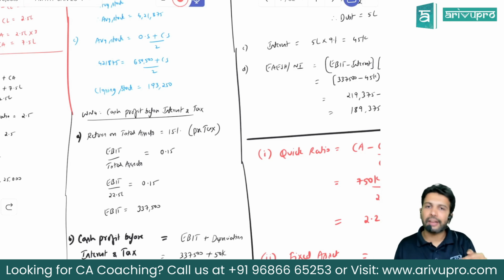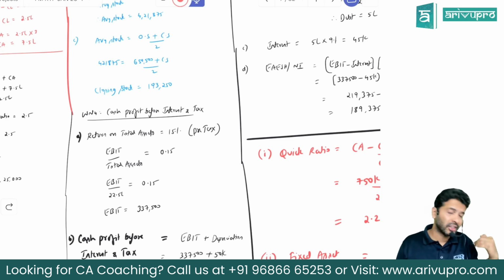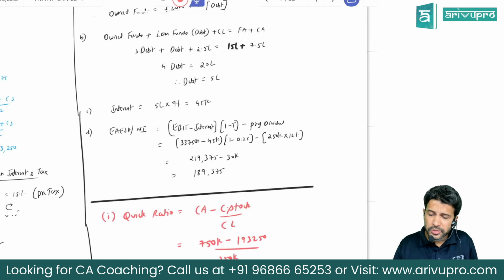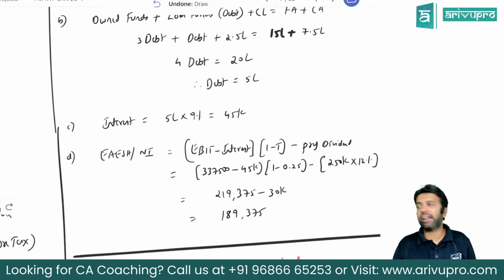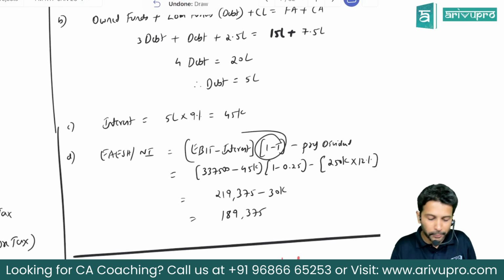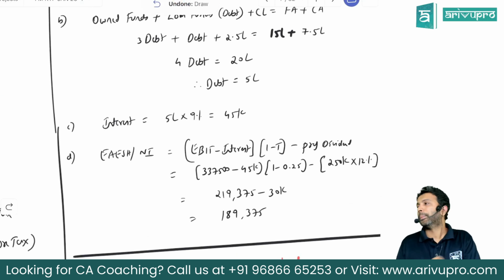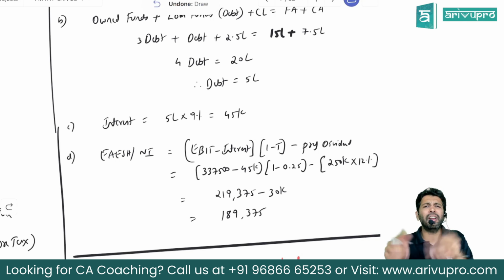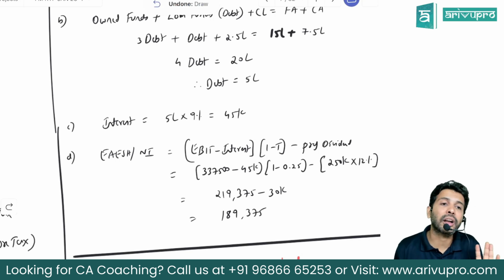From that, reduce tax and you get earnings after tax. Reduce preference dividend, then you get EASH. Or you can use the indifference point EPS formula: from EBIT, reduce interest into 1 minus tax rate, minus preference dividend. This is a little time saving, that's why I did this. If you don't like this approach, put it up in the normal format. One and the same. Correct, people?